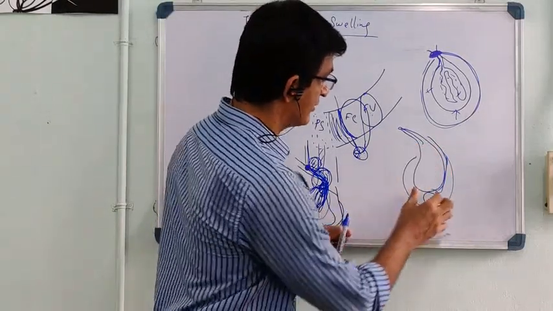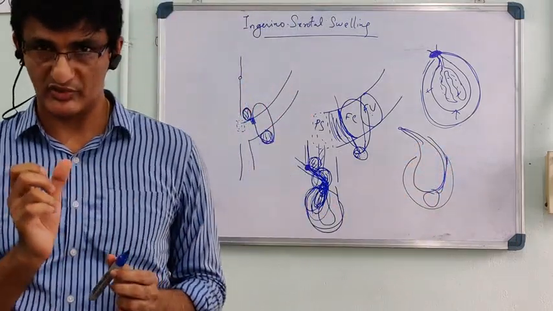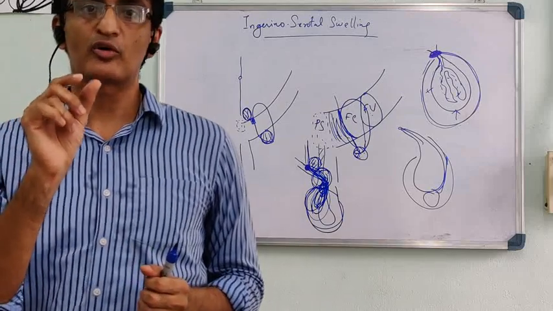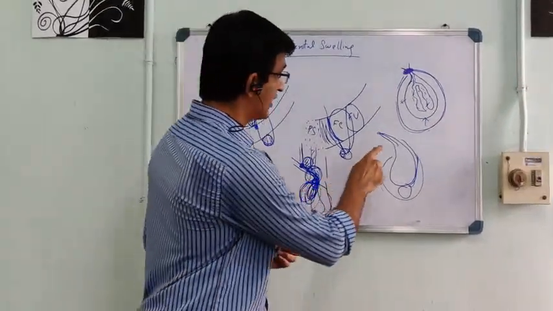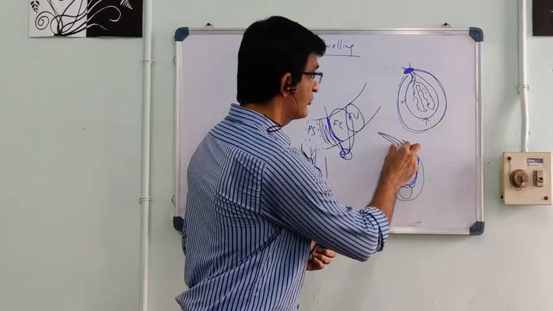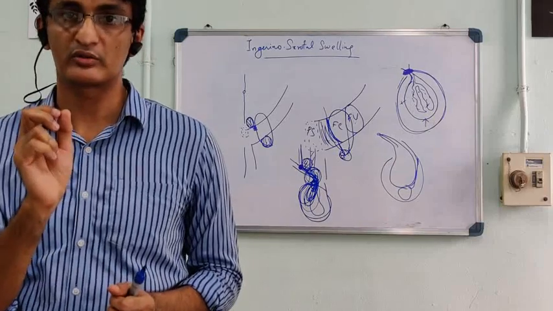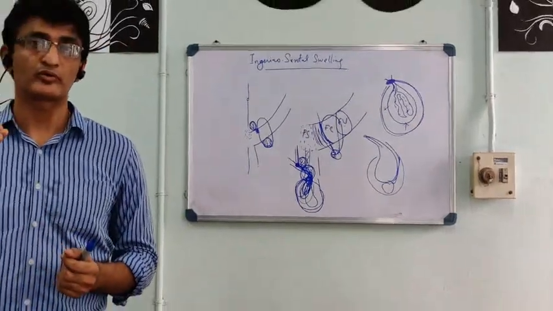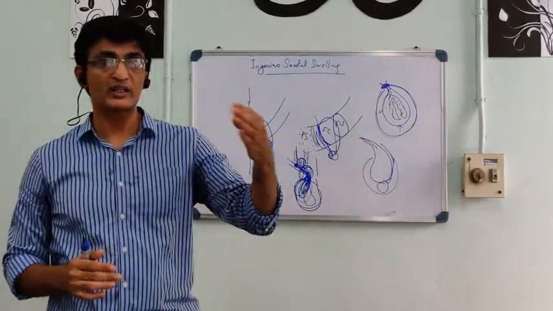You palpate at the root of the scrotum. Are you able to palpate the cord structures separately, only the cord structures? In a hernia, because a lot of hernia contents remain, the root of the scrotum will be bulky. You won't be able to palpate the cord structures separately. That means you are not able to get above the swelling, because the swelling is obviously coming from the peritoneal cavity, isn't it?